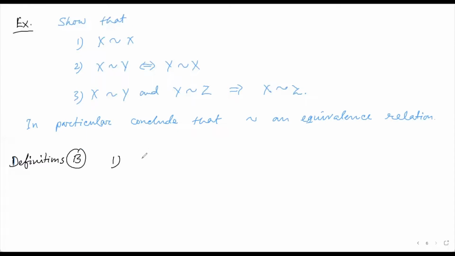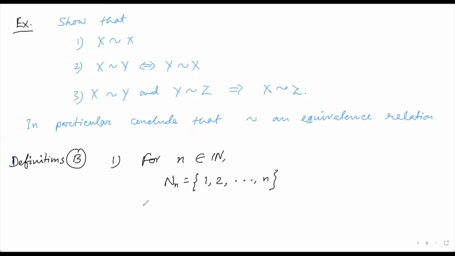So first one, in the set of all natural numbers, we define N sub n, which is equal to the set of all natural numbers from 1 to n, that is 1, 2, and so on up to n. So capital N subscript small n is the set of all natural numbers between 1 and n.